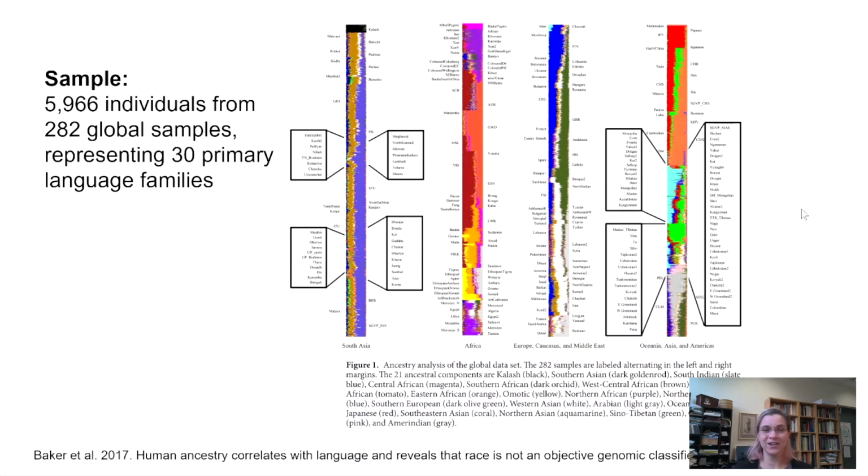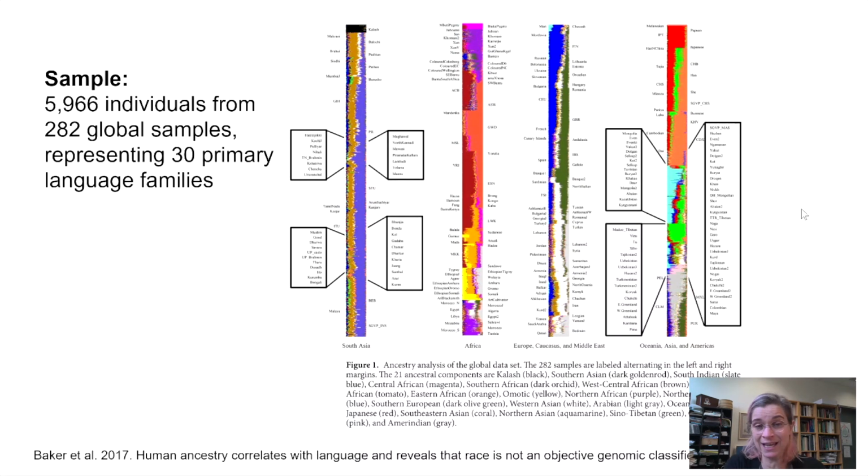In this study, they had genome data for 5,966 individuals, representing 282 global samples, representing 30 primary language families. This is a massive study, with a lot of people from a lot of different populations, ancestries, and language groups.